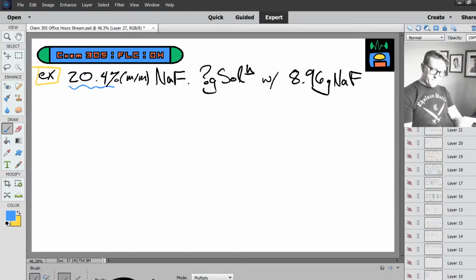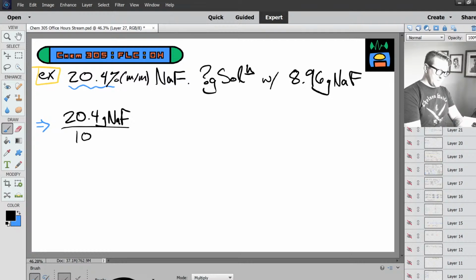This 20.4 means that you have 20.4 grams of sodium fluoride in 100 grams of solution.